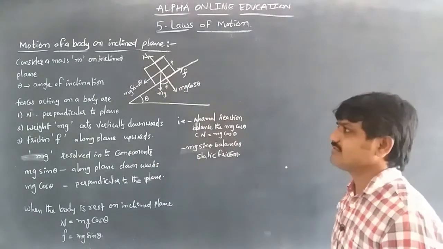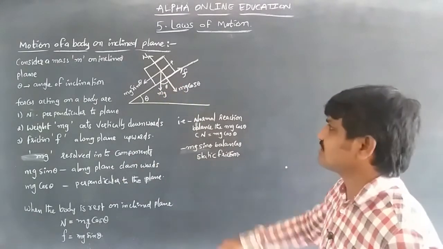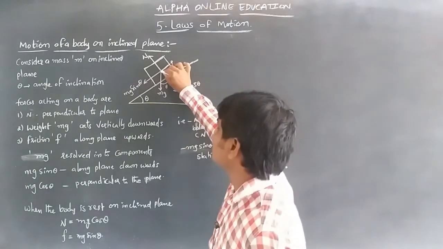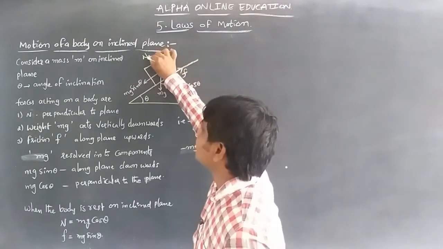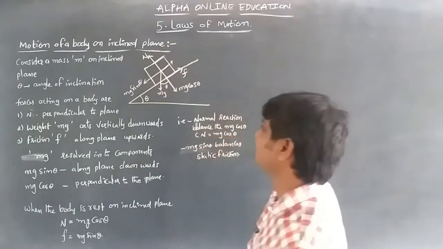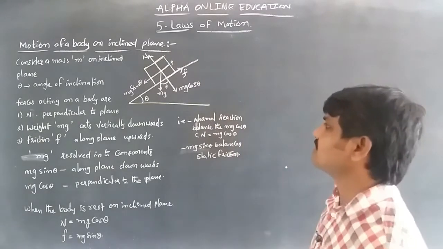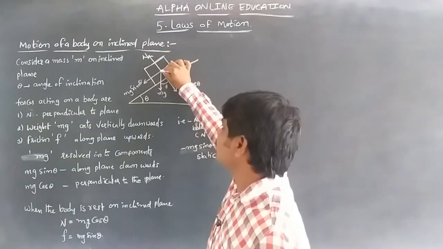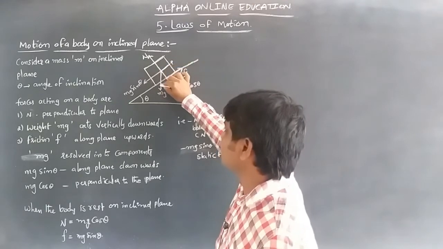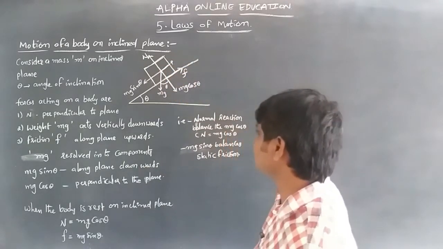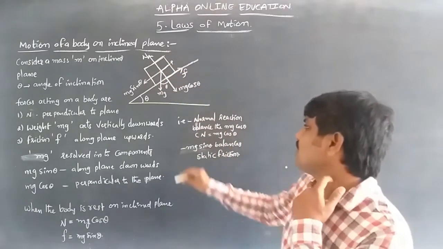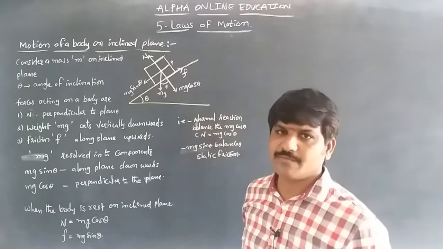Inclined plane means whenever the body of mass m is placed on the inclined plane, the normal reaction acts perpendicular to the inclined plane surface, and the weight always acts vertically downwards. Here the angle of inclination will be theta.